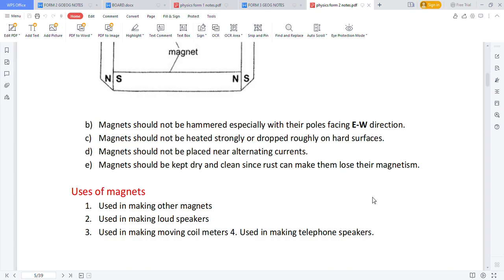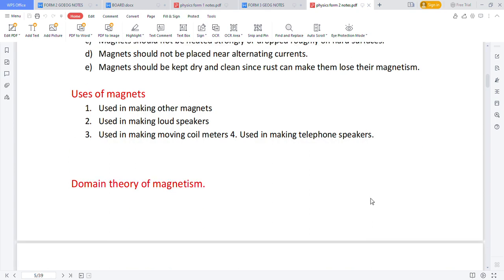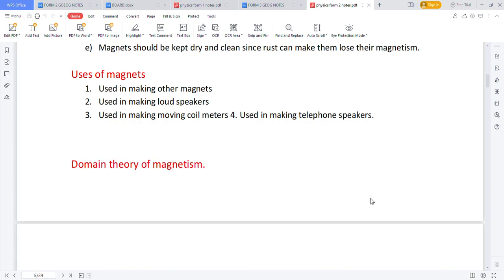Magnets should not be placed near alternating currents. Magnets should be kept dry and clean, since rust can make them lose their magnetism. You have uses of magnets: used in making other magnets, loudspeakers, oil meters, and lastly, telephone speakers.